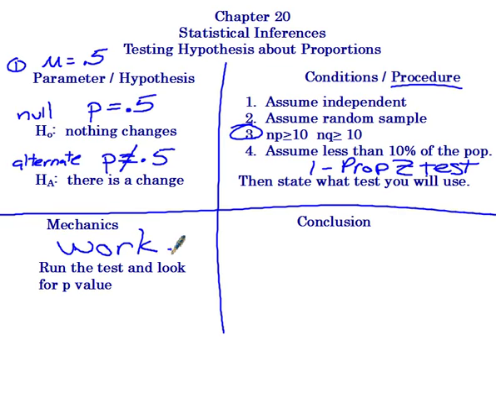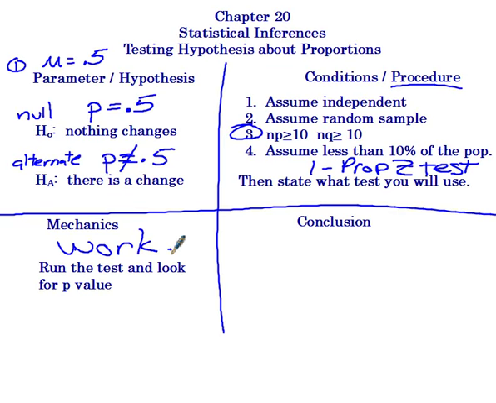And now a conclusion. Before I show you what your conclusions are going to look like, I want you to think about jury selection and being in the courtroom. When somebody is on trial, the jury is trying to decide if that person is guilty or not guilty. The whole thing is you need enough evidence to prove them guilty.